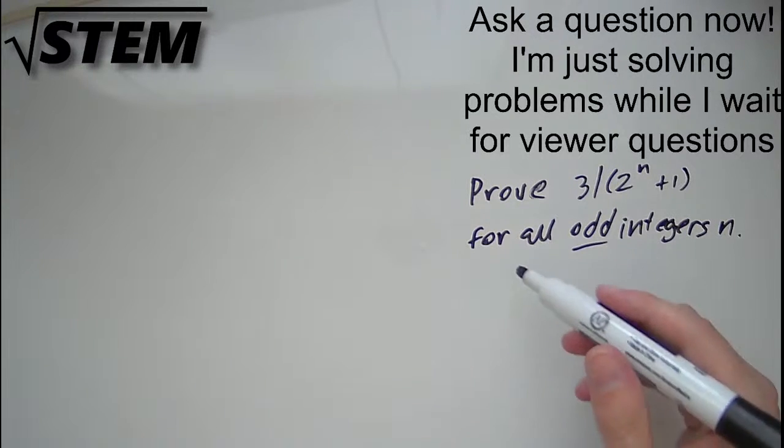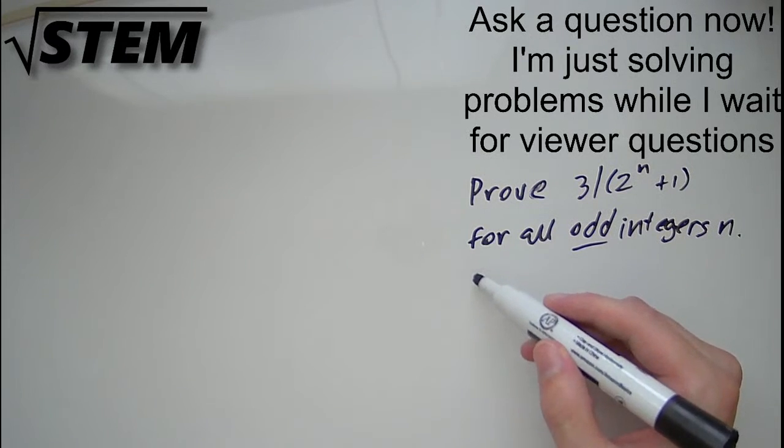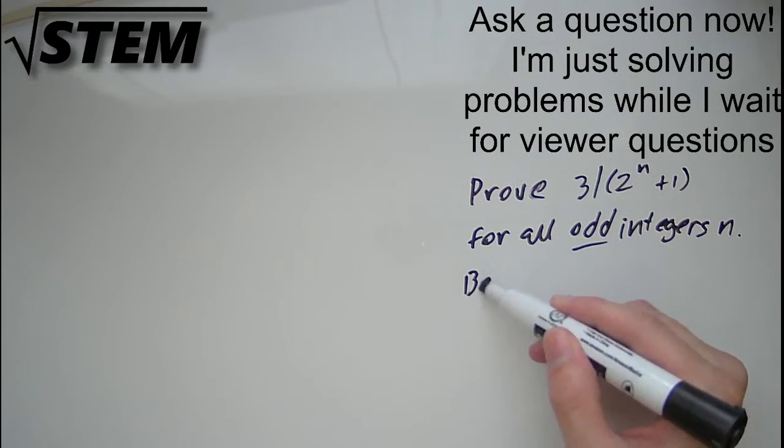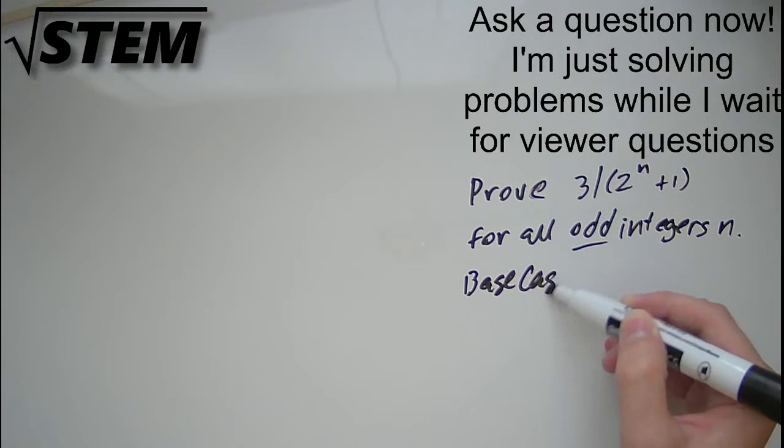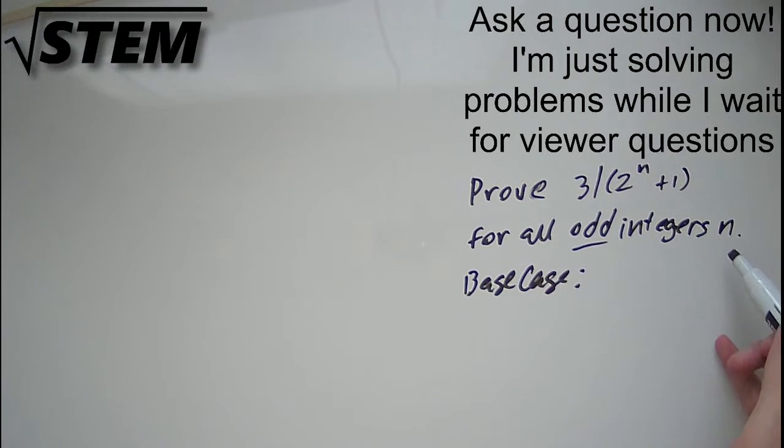I'm going to try the base case down here so I don't have to erase it and rewrite it. So, base case, the first odd integer would be 1. I suppose this also means positive integers.